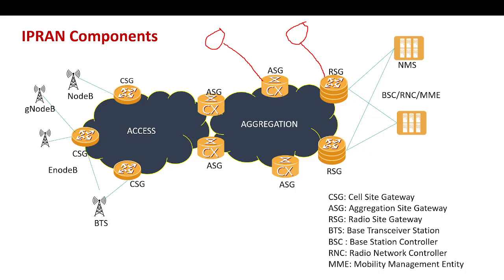Many times you find that we are using the ASG as the aggregation node, and the ASG connects to the BSC and the RNC. But the standard solution should be that we have the CSG separate, we have the ASG, and then we have the RSG. But we end up having different variants depending on the customer network.